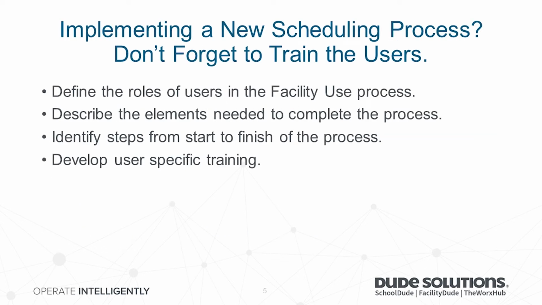So, implementing a new scheduling process. I'm a trainer by nature, so that was my biggest and longest process, getting everyone trained in their roles. Defining the roles in the process was having the principals actually approve, and it was the routing, and you'll hear that here in a bit.